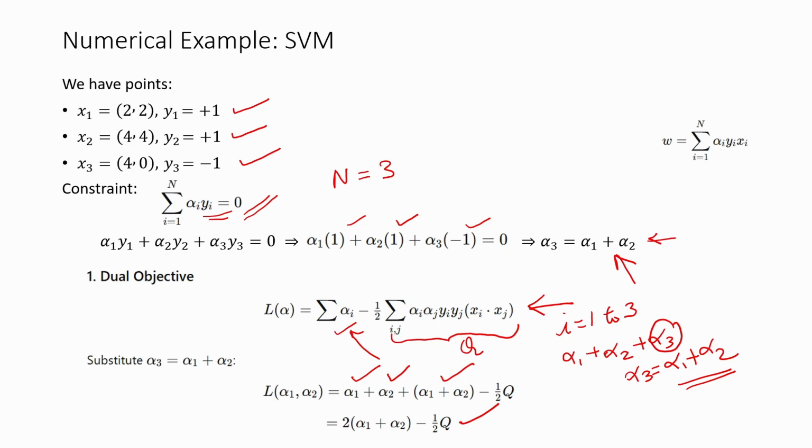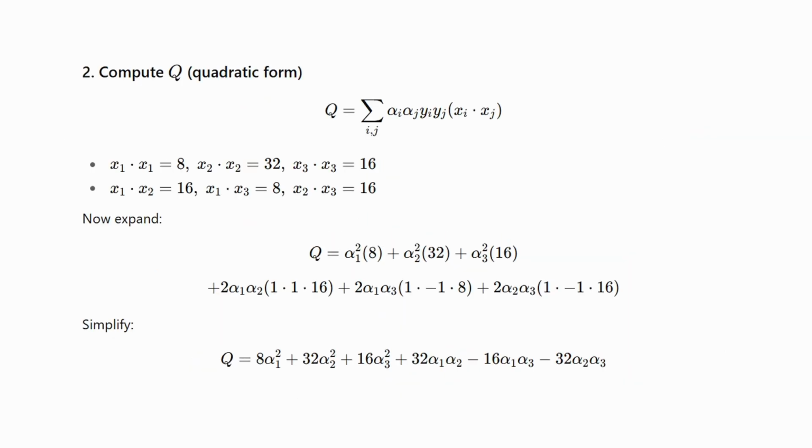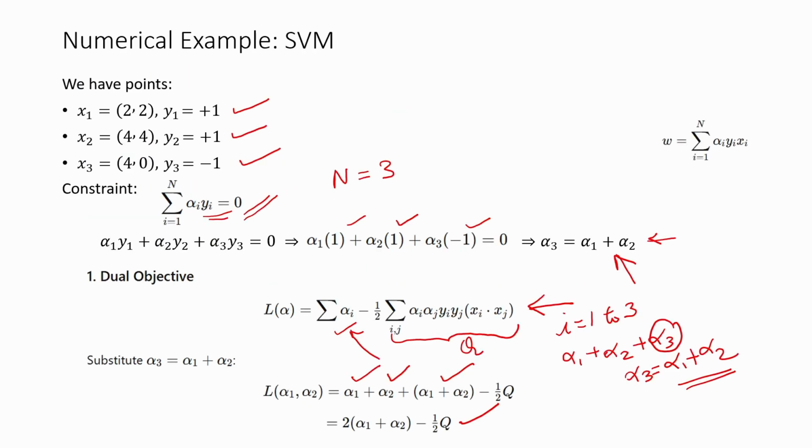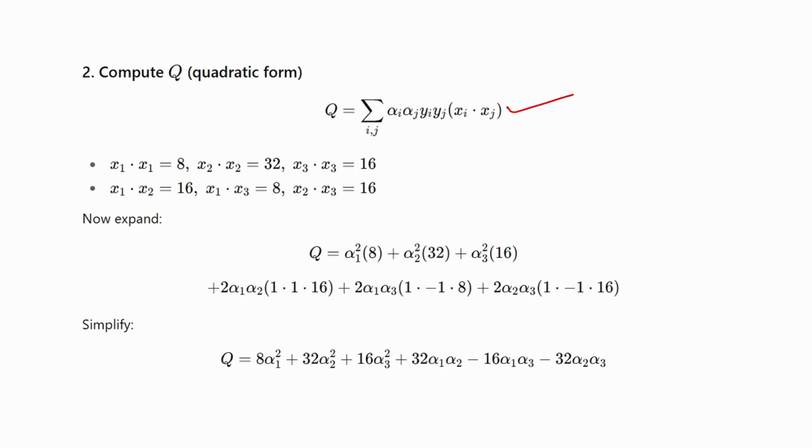Now what is the next step? We have to compute q, because we took q to simplify. So we have to consider this separately. q is alpha i alpha j yi yj xi dot xj, where i is from 1 to 3.